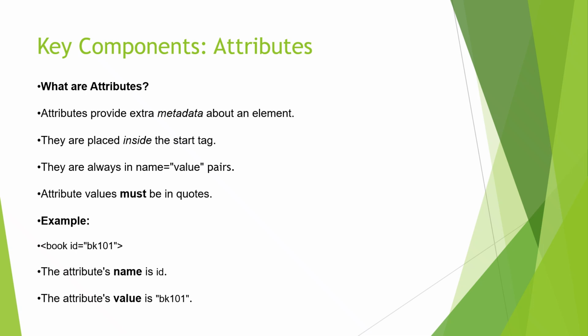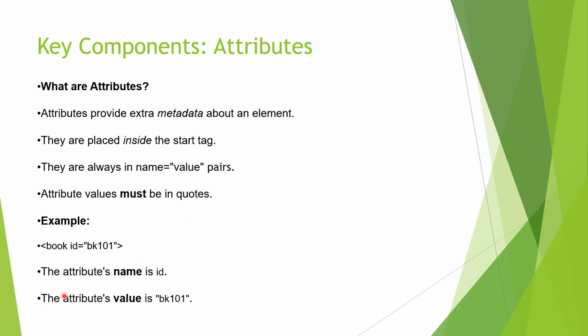So now we have attributes. An attribute is a little piece of extra information or metadata about an element. They are placed inside the start tag. It's always in a name equals value pair. Attribute values must be in quotes. Look at our book tag.